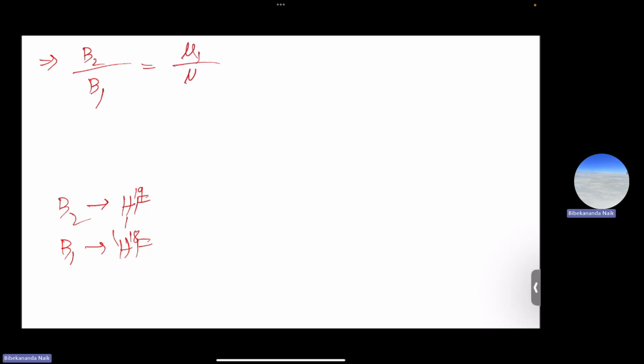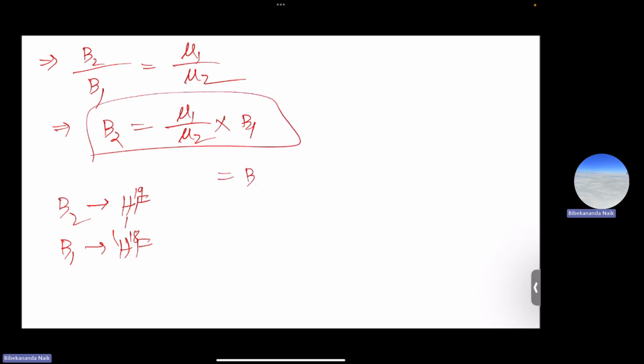Now if we talk about the value of B2 by B1, where B2 is for HF H1 F19 and B1 is for H1 F18, then B2 by B1 will be equal to mu1 by mu2. That implies B2 will be mu1 by mu2 into B1.